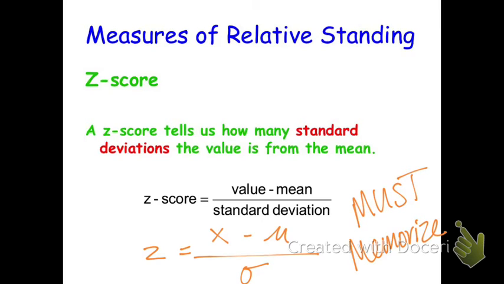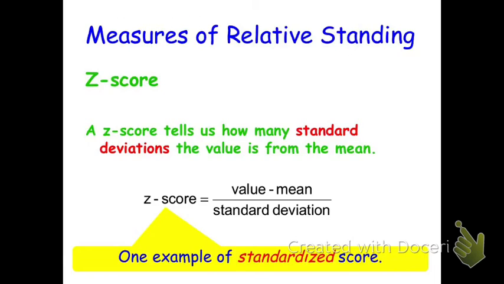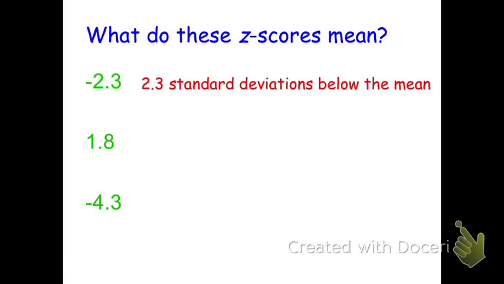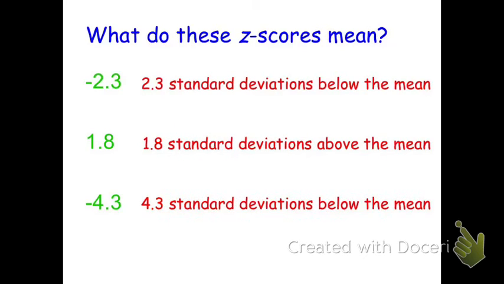So if I were to interpret these z-scores, negative would mean that I'm 2.3 standard deviations below, 1.8 above, 4.3 below. Okay?